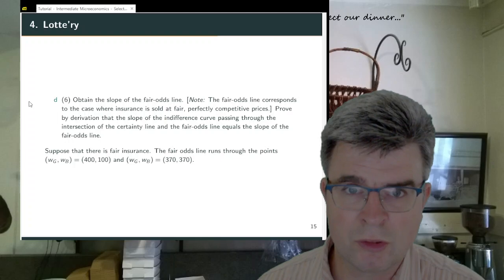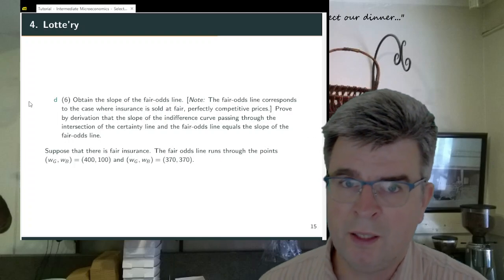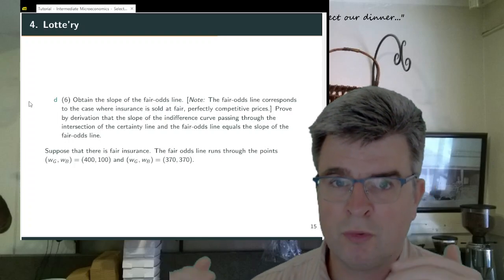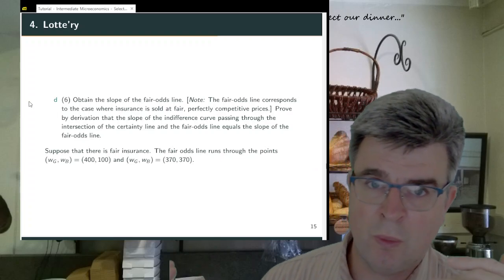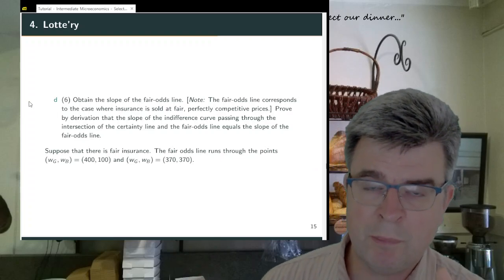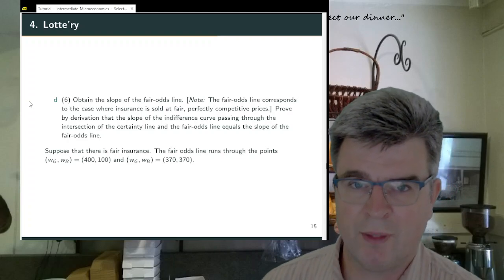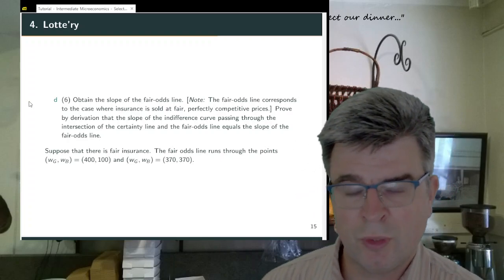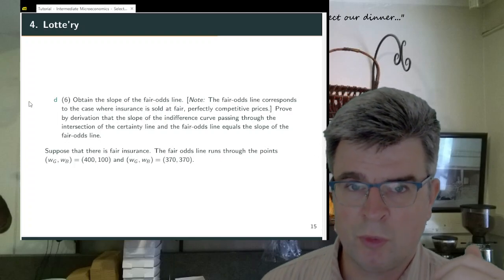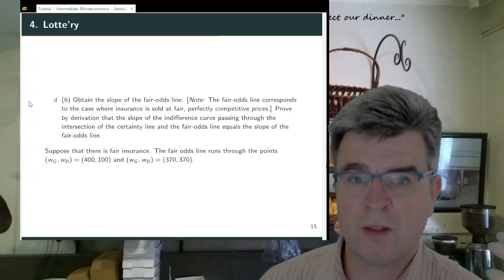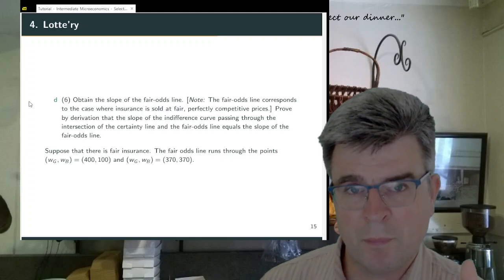Because the expected loss is 30, the insurance company should not make a profit in expectation. So also the premium that the insurance company should receive from you is equal to 30. And with a premium of 30, the insurance company would, in expected value, even out.